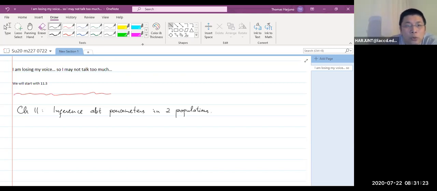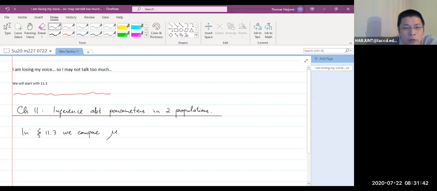So what we do here, for example, in 11.3, we compare the mu from two populations.